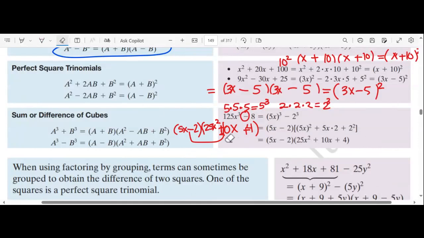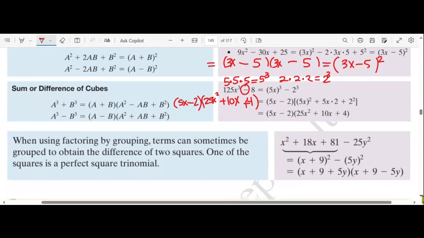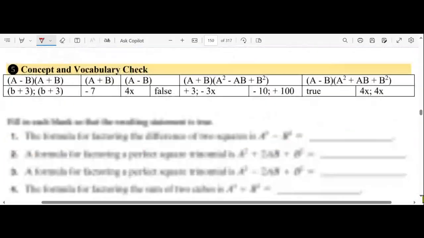Is this clear? Clear or not clear? Any questions? Okay. I'm going to go step by step now, okay?